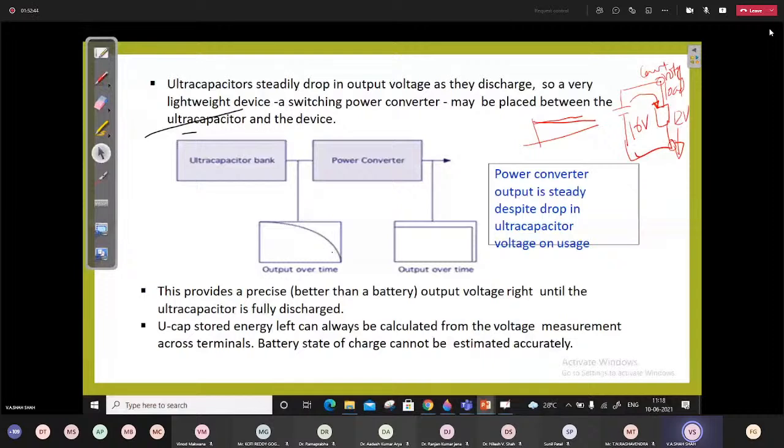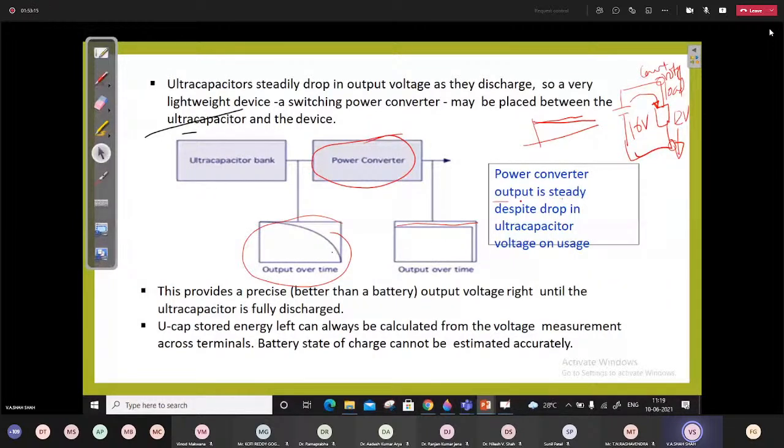So usually the supercapacitor is always provided with power converters. What they do is this: the output over time curve is decreasing with respect to the power demand, but the output through this power converter you can maintain constant. This voltage level you can make constant. So this power converter output is steady despite the drop in the supercapacitor voltage on usage.